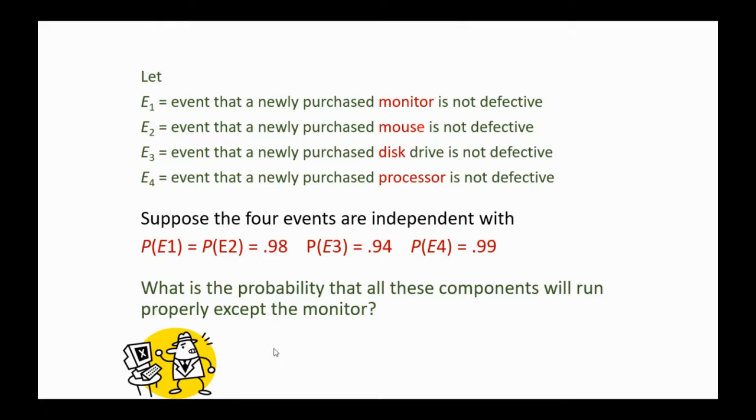So if the probability that the monitor is not defective is 0.98, what's the probability that our monitor is defective? 0.02. So the probability that the monitor is defective is 0.02. The rest is just the same.